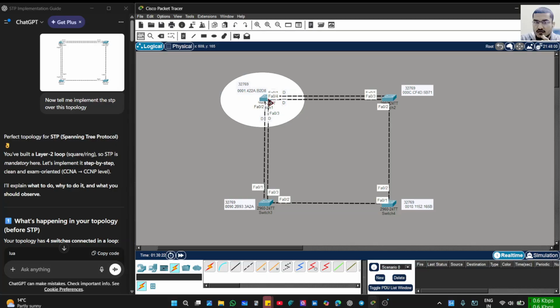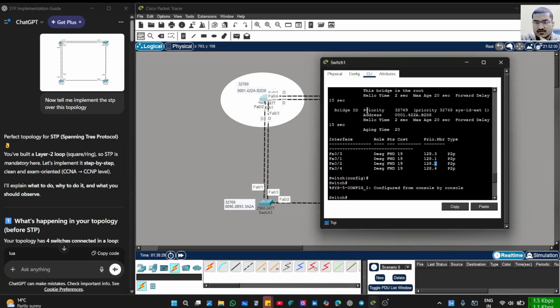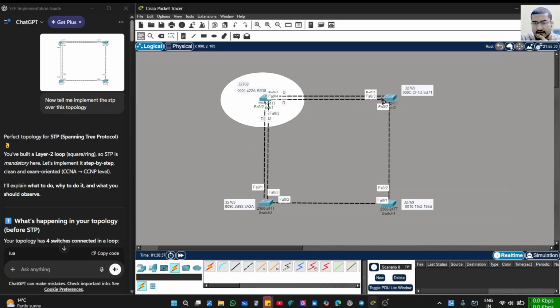Okay, so if I think of F01 and F04, I will just go for the F01 and F04. So one is right here, so I will go for the one, and its interface connected next to it, the one. So the redundant link would be F01 for this. Okay, you get what I'm trying to say.